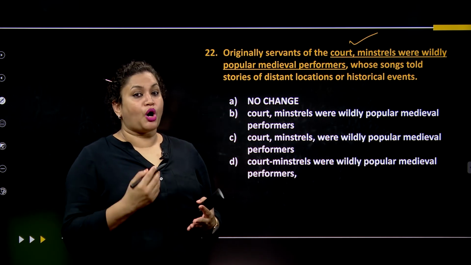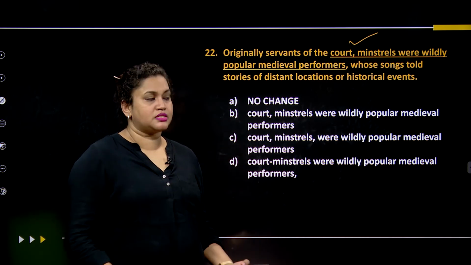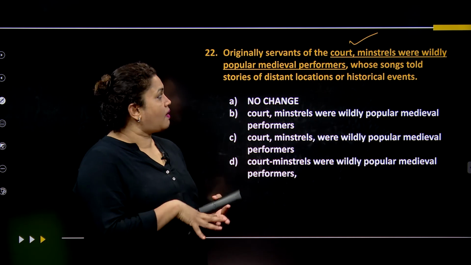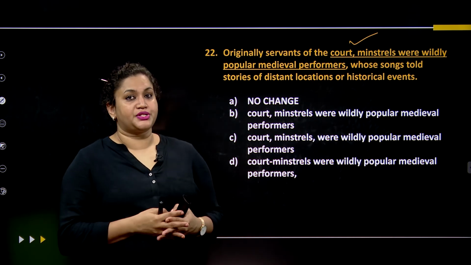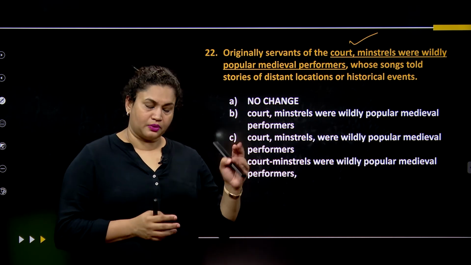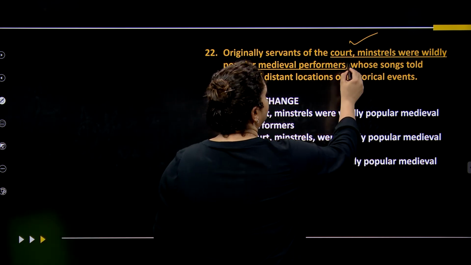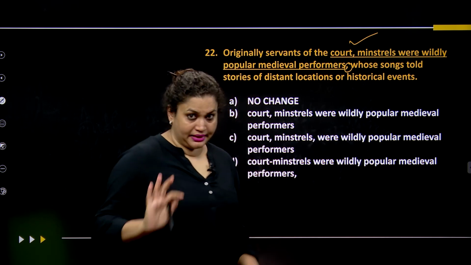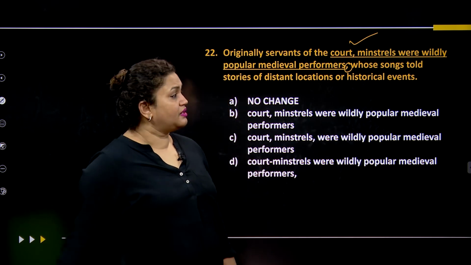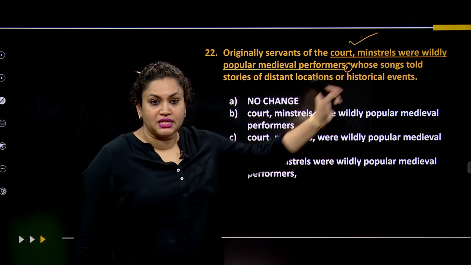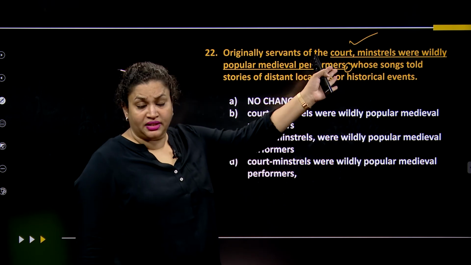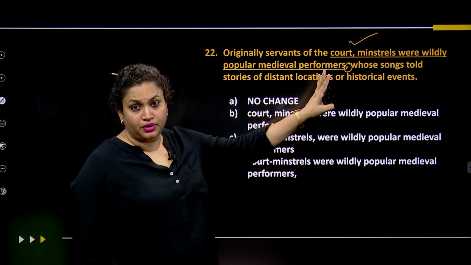Minstrels were widely popular medieval performers whose songs told stories of locations or historical events. Now, you might feel having a comma here is right. But here we are not talking about the minstrels. But we are talking about the servants of the court.